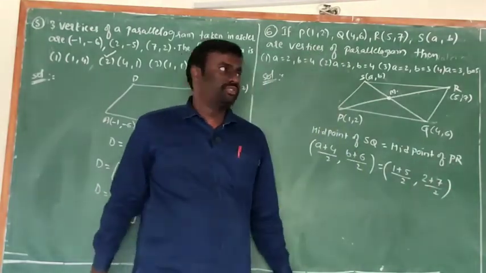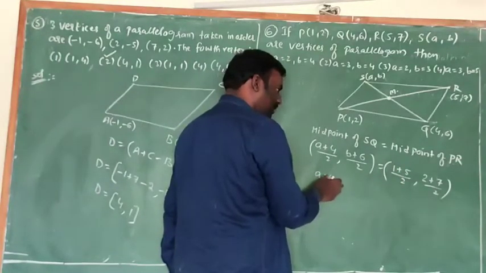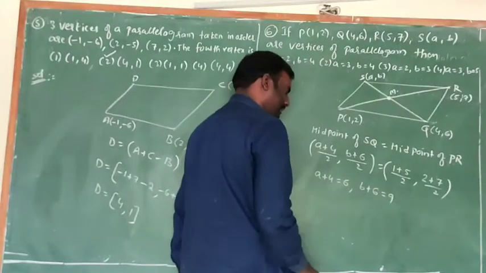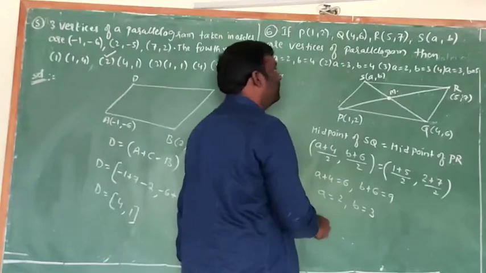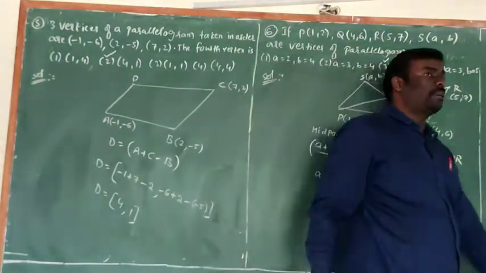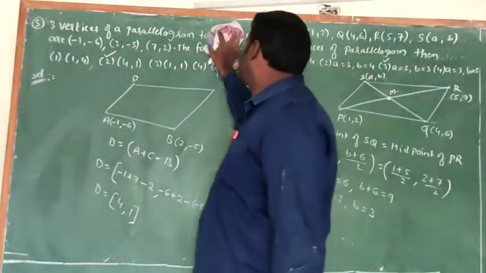If you equate both sides, 2 gets cancelled, 2 gets cancelled. A plus 4 is equal to 6, B plus 6 is equal to 9. Then A value 2, B value 3. A value 2, B value 3, that is nothing but option 3 is the correct answer for this question number 6.